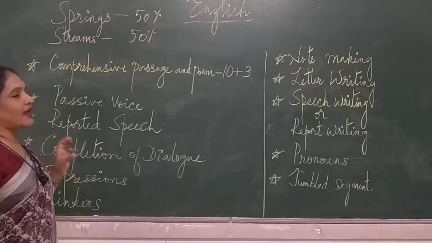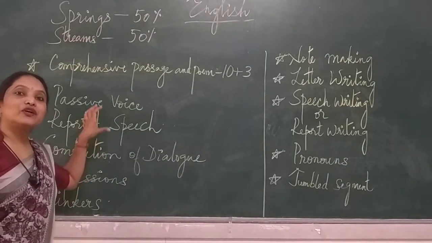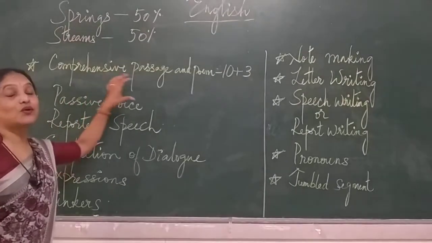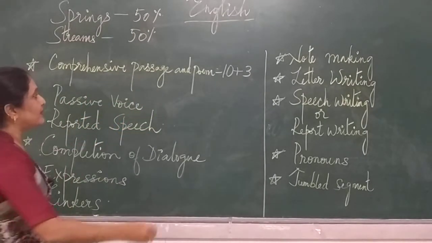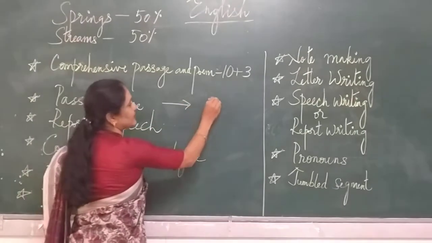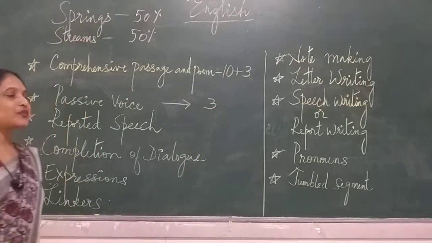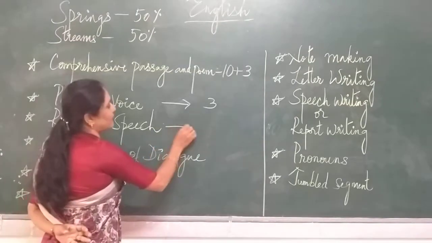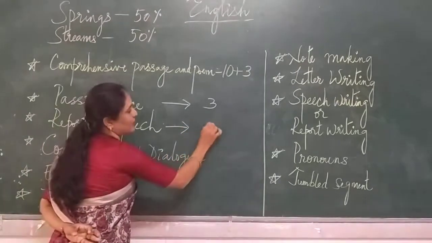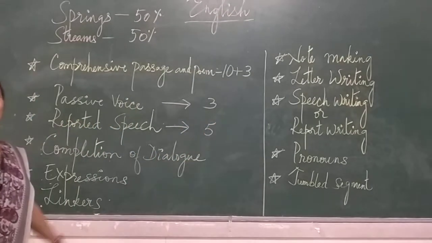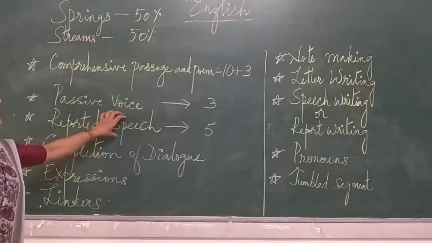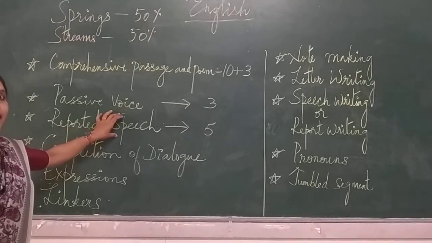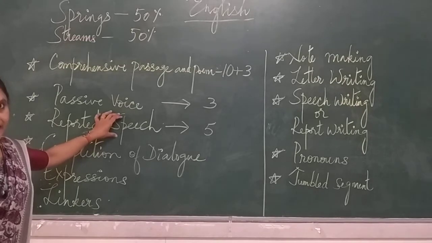Then again you have the questions on passive voice. There you will have 3 marks. Reported speech, you have 5 marks, which is a very important thing and a very complicated thing also if you don't understand.